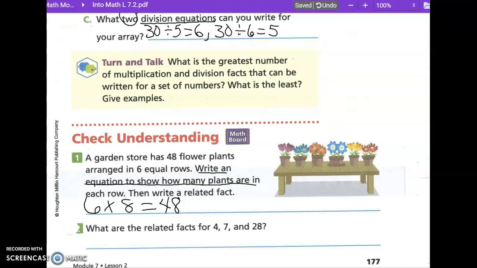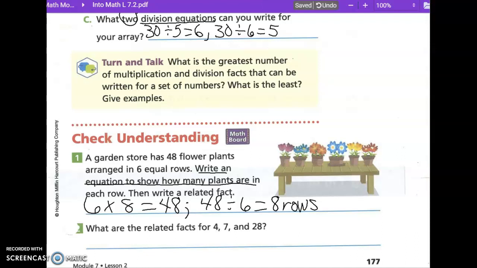Now we have a multiplication, so let's write a what? A division. Robbie, what is our division fact going to start with? 48. And we're going to divide it into 6 in a row equals 8 rows. Okay?